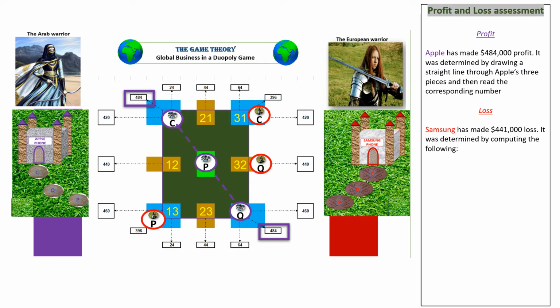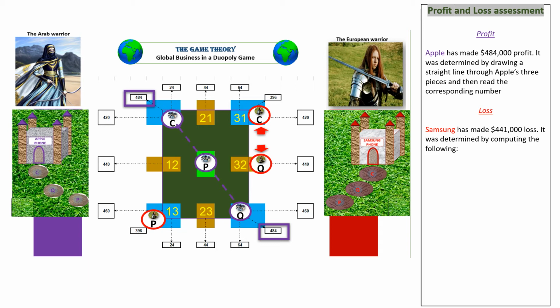Well, Samsung has made a 441,000 loss. It was determined by computing the following. If you look on the board, Samsung has two pieces. One says C and the other says Q. C is the unit cost and Q is the output, the quantity produced, which is 32,000.